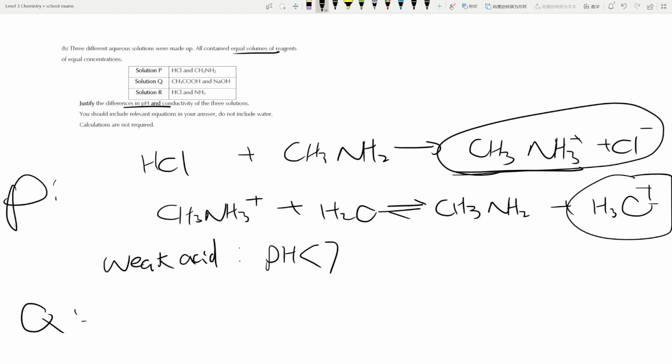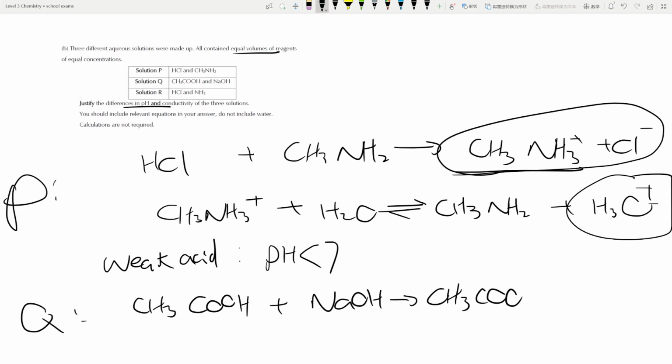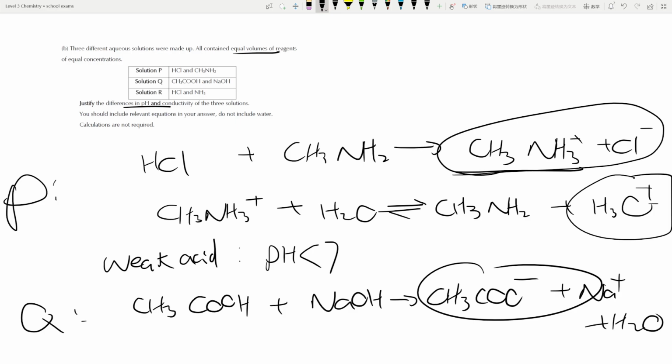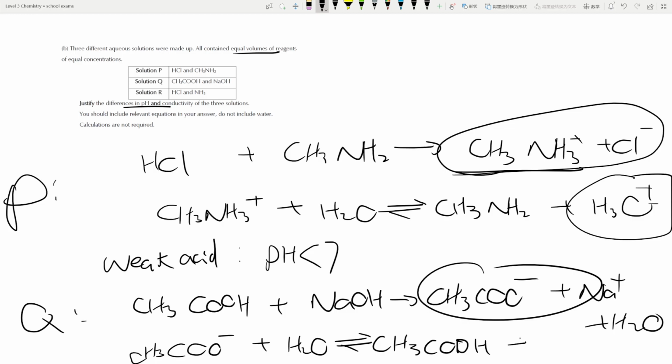Okay, Q, CH3COOH plus NaOH makes CH3COO minus Na plus plus H2O, and then this CH3COO minus is again going to partially dissociate in the water that you just produced to make CH3COOH plus OH minus.